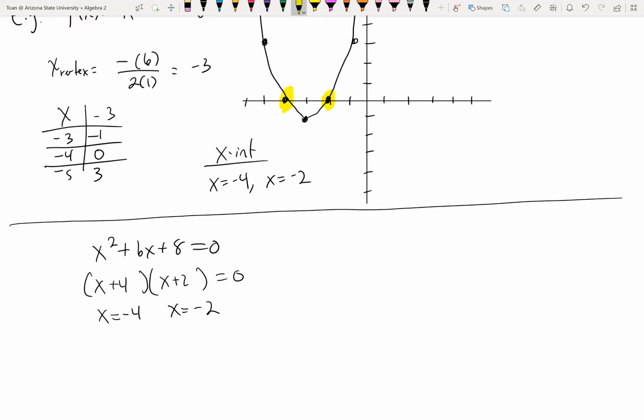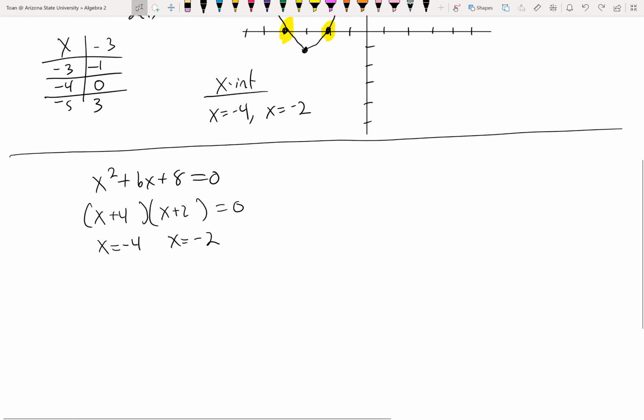So you can see how we get the same answers. That's what this quick demonstration shows: if you have a graph of a function and you are asked to solve it, find the zeros, you're really looking for the x-intercepts. So that's pretty simple. If I ask you to solve, just look for the x-intercepts that are easily readable.